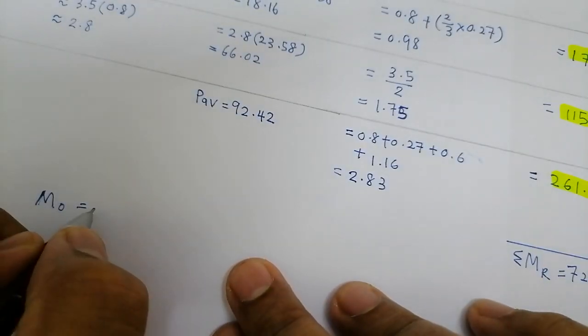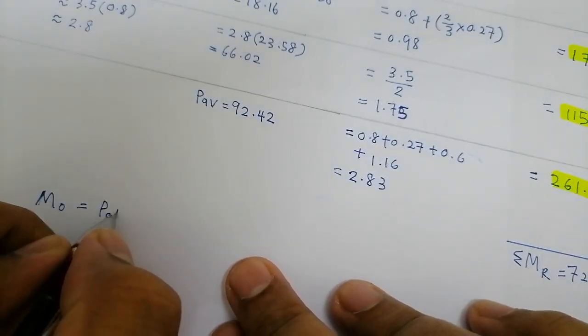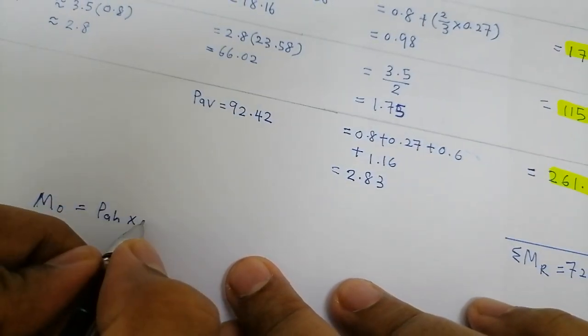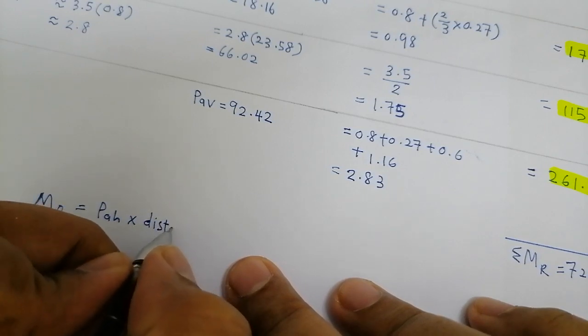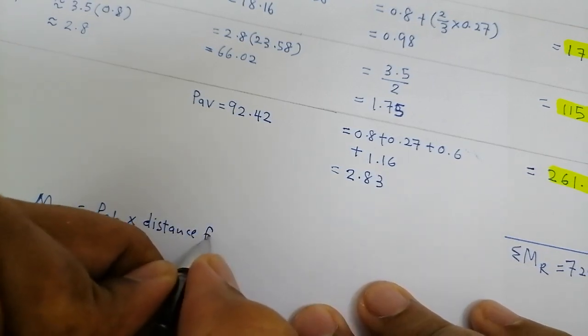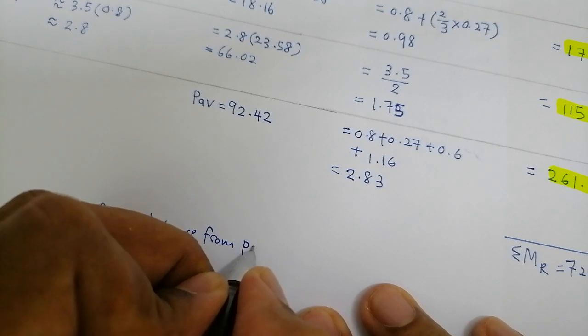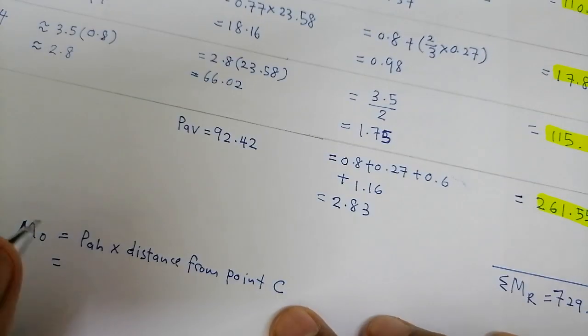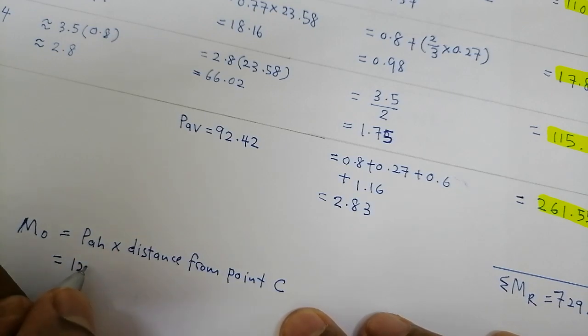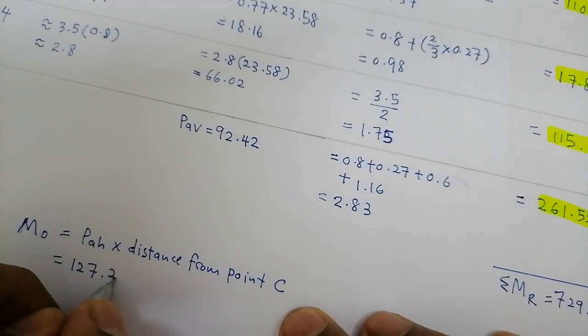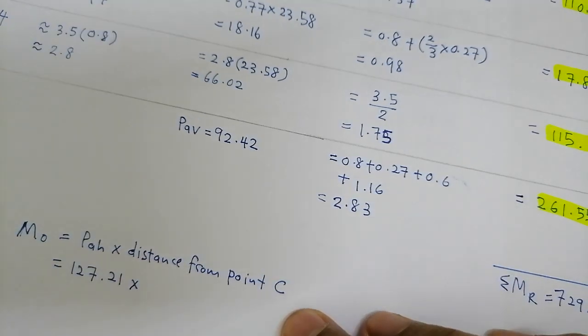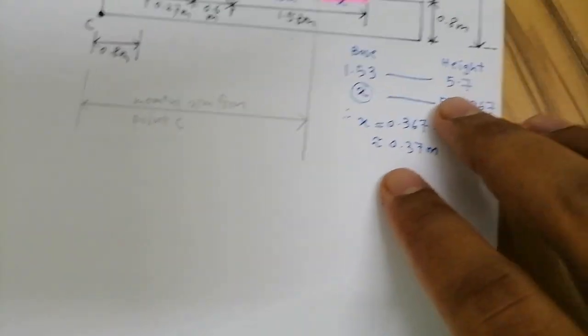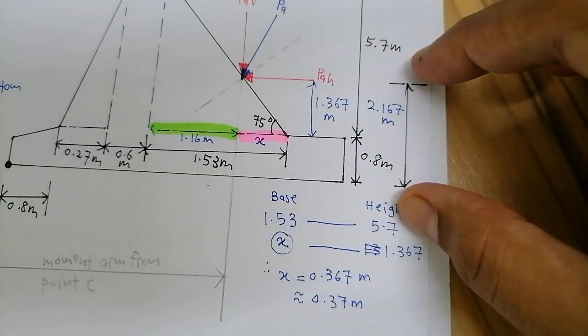So it's very simple. To know the moment is basically PAH times the distance from point C. So our PAH is 127.21 times the distance is this one, isn't it? This one, we calculated it just now.